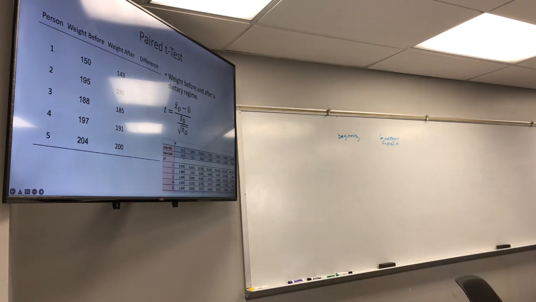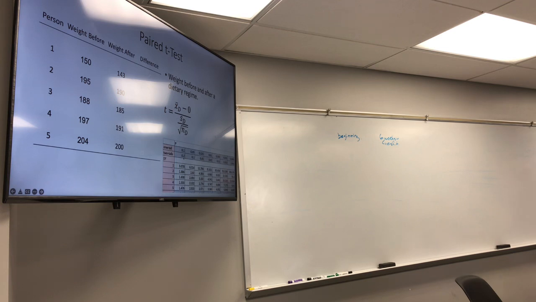So this is a data set where you're looking at weight gain or loss after a person undergoes a dietary modification. So we put you on a diet and then we see whether or not you have lost weight or not. So this is the weight that you started at. This is the weight that you ended at. What you do is you calculate the difference. Then that keeps those two data points linked through the difference.